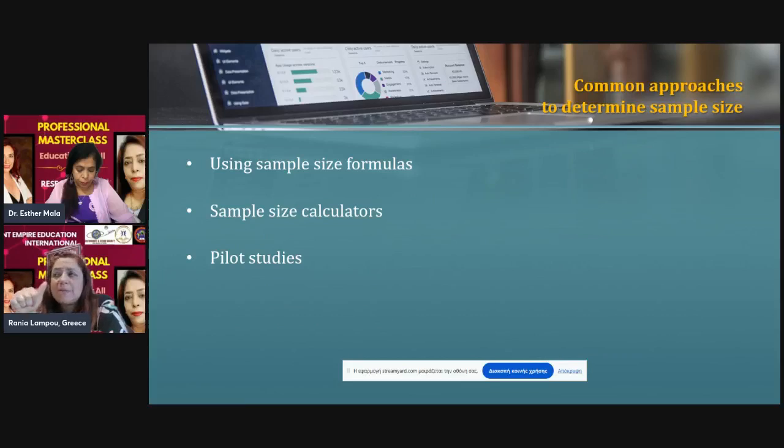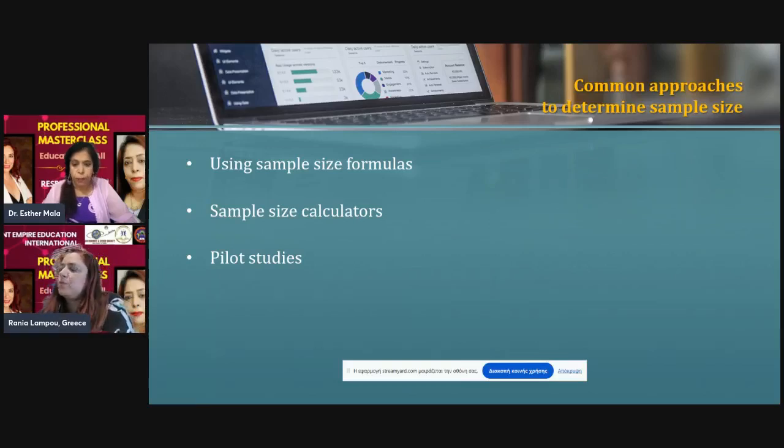To use sample size formulas, or to use sample size calculators, online tools or software that let you input confidence level, margin of error, and population size to get a number. A pilot study, because sometimes a pilot study helps estimate variability and refine sample size.